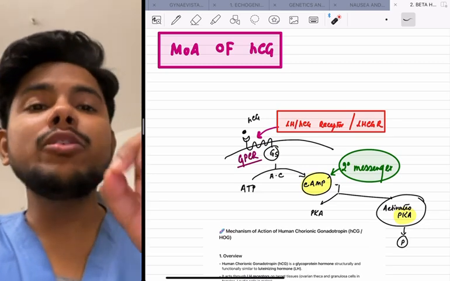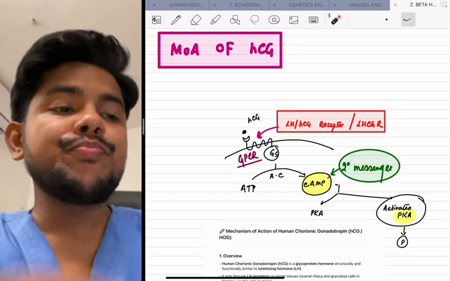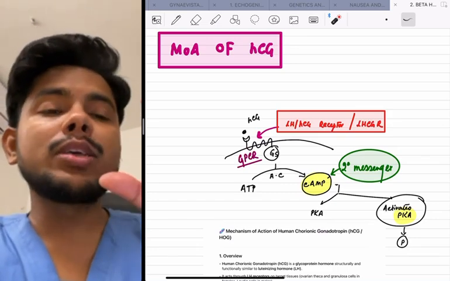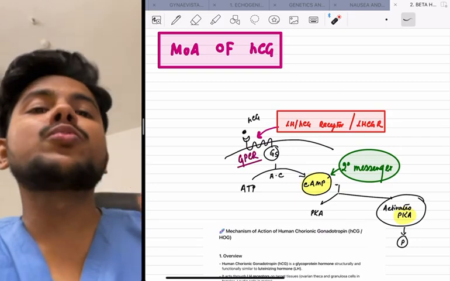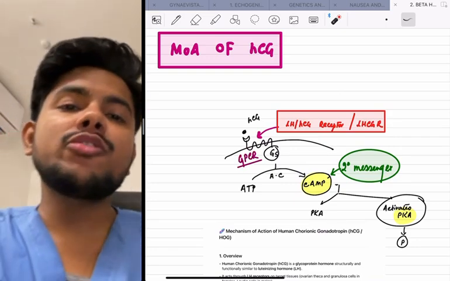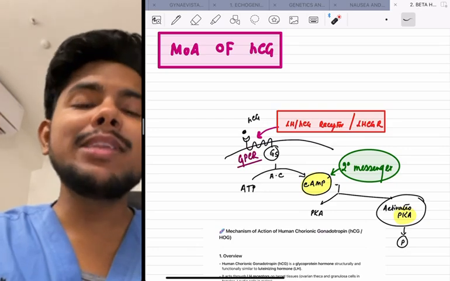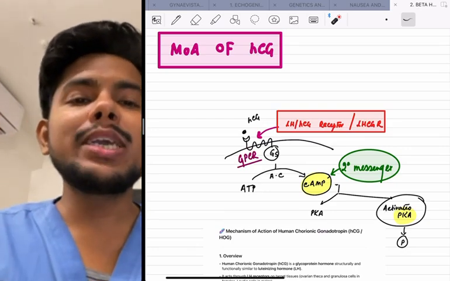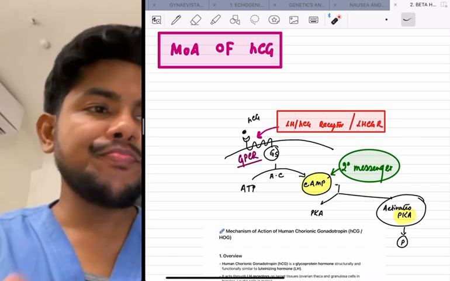Whenever you have the suffix kinase, the function of the kinase is to phosphorylate other proteins. That's it. And on phosphorylation, some group of proteins can get activated, and another group of proteins might get inhibited.